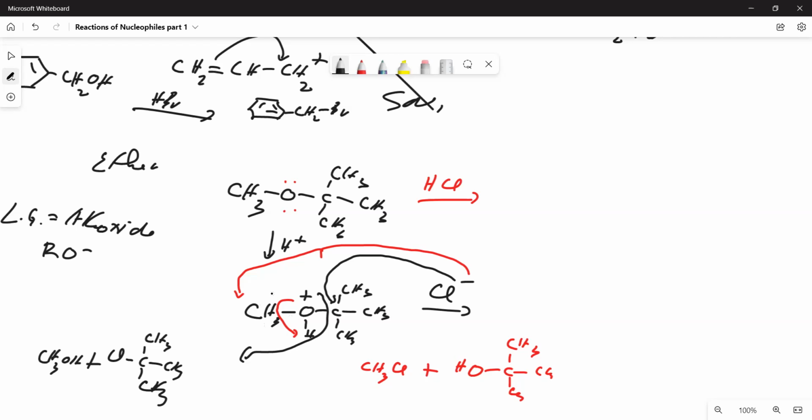So which one is more feasible? Now, if you look at the mechanism, if the left part will happen, your methyl is the carbonium, which is very unstable, meaning it will not easily break.